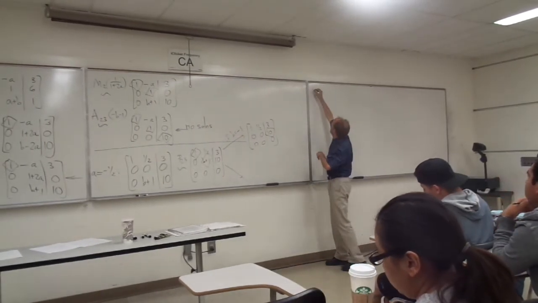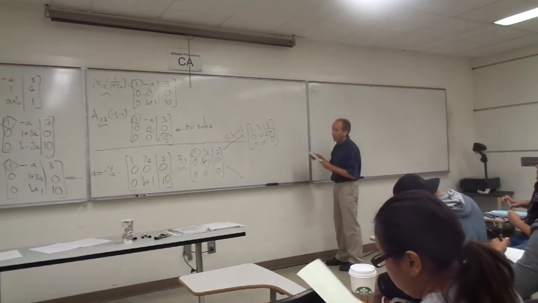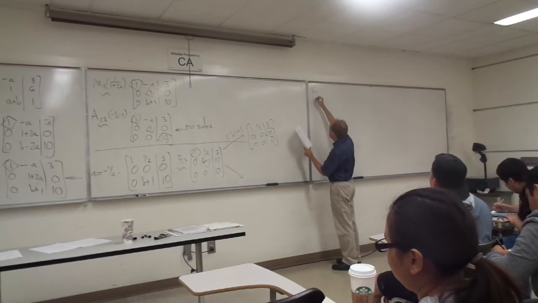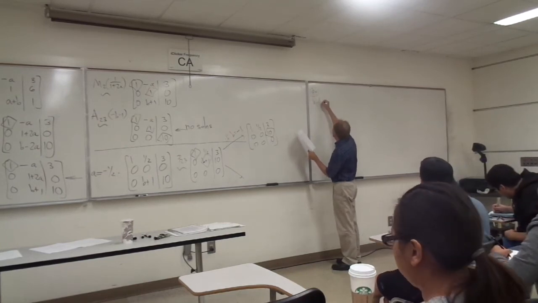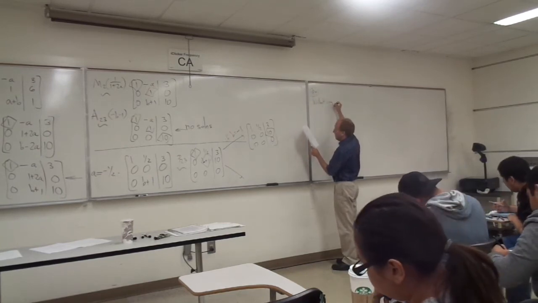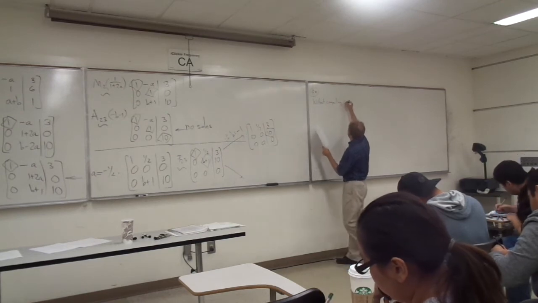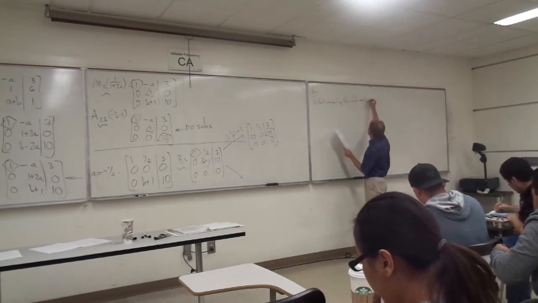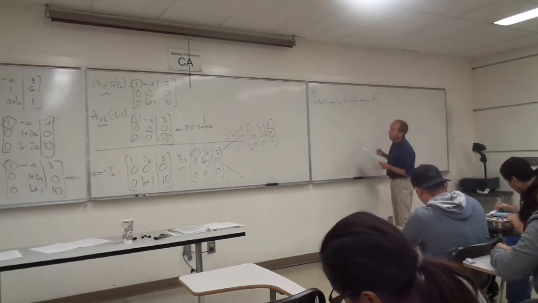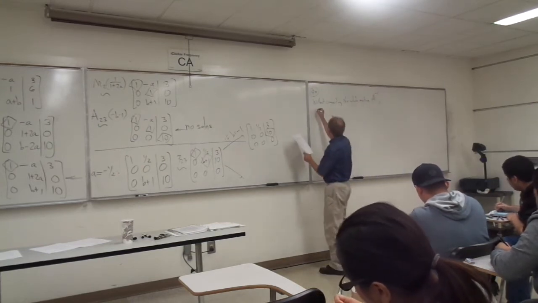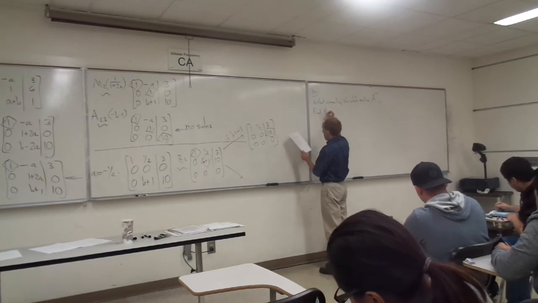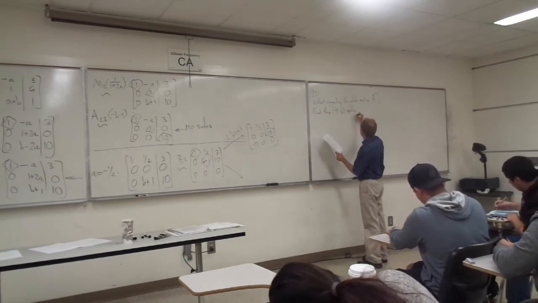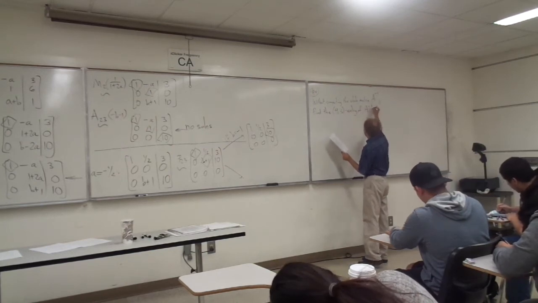This is number 4. Not in order of the review session questions, but it does say, without computing the whole matrix A inverse, find the 4-3 entry of A inverse.